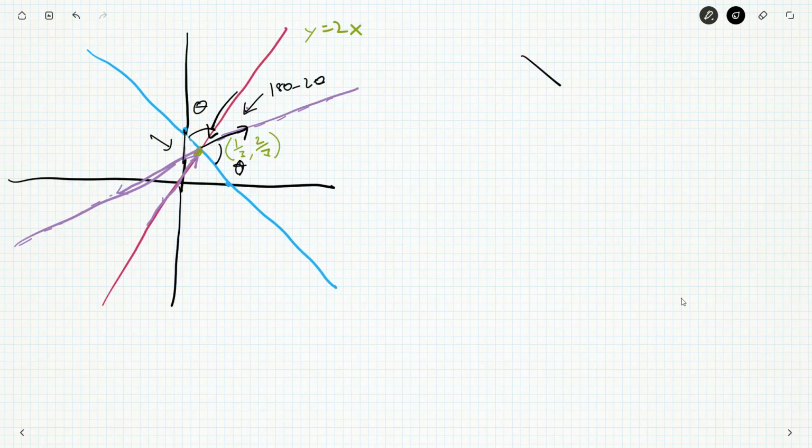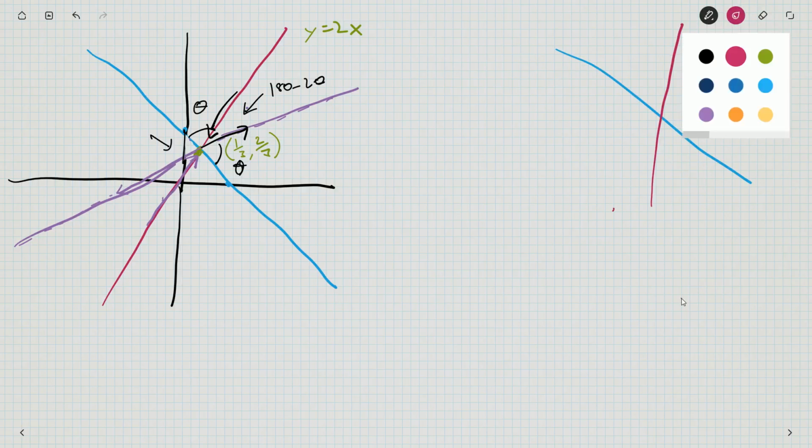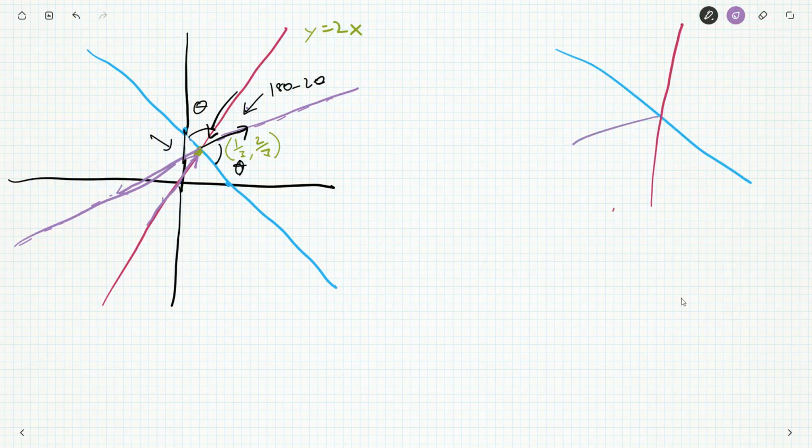Let's zoom in for a second on our intersection. Maybe this isn't the right way to view it. So the blue line is acting as our mirror. Our red line comes in from somewhere, and we treat it like a reflecting line, so it bounces back in both directions.